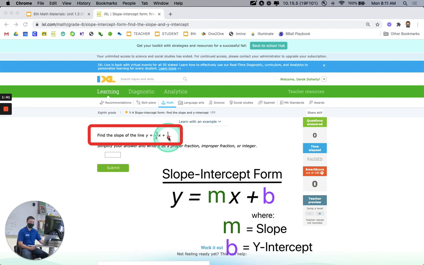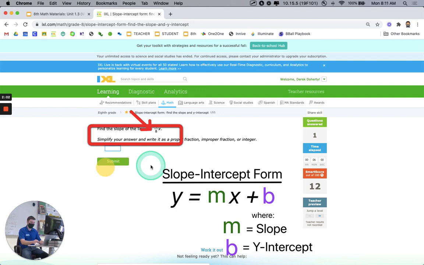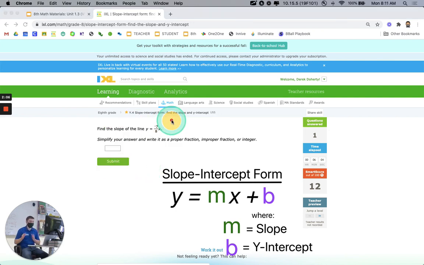If I understand that slope is always just going to be the m, the coefficient of x, here I know that this negative 1/2 that's multiplied with x is going to be my slope. All this assignment is doing is helping you get used to picking out the slope and the y-intercept right away whenever we see these y equals equations. Once we know that, it's a lot easier to work with the equations and the graphs that are linear.